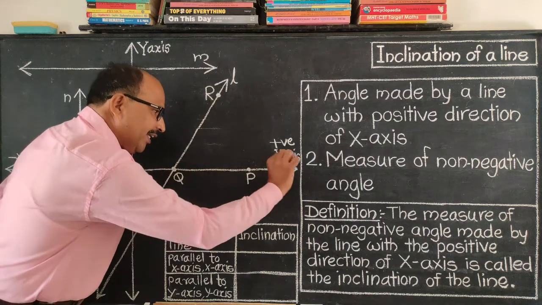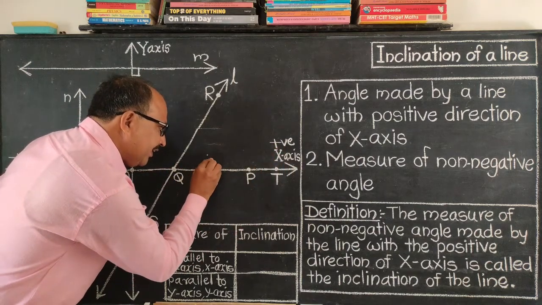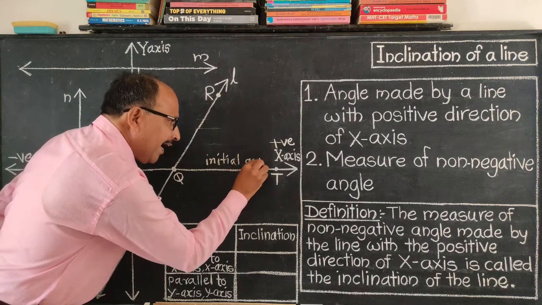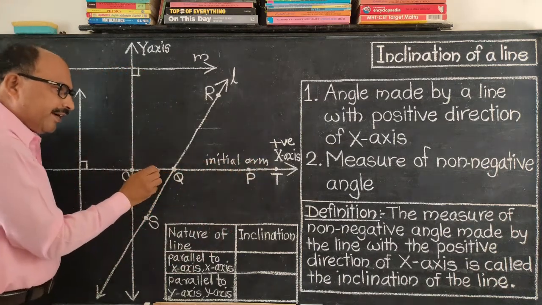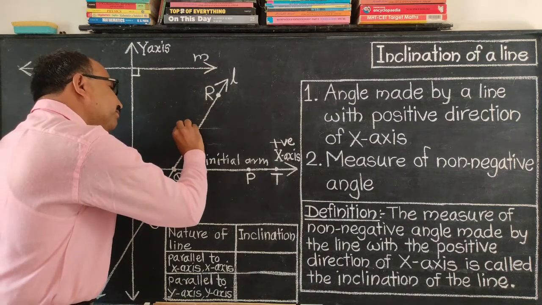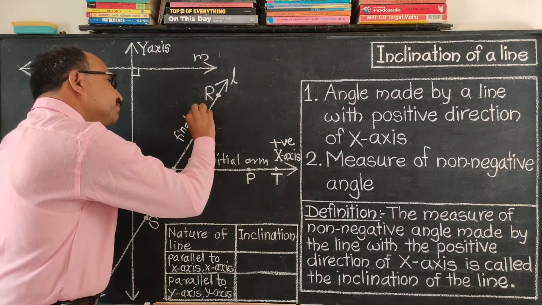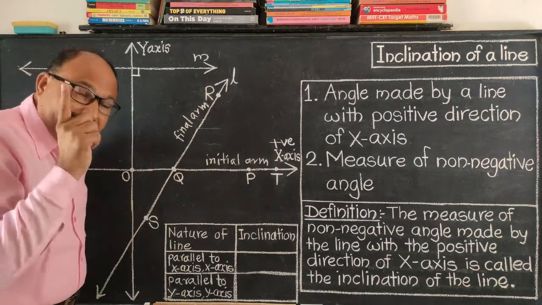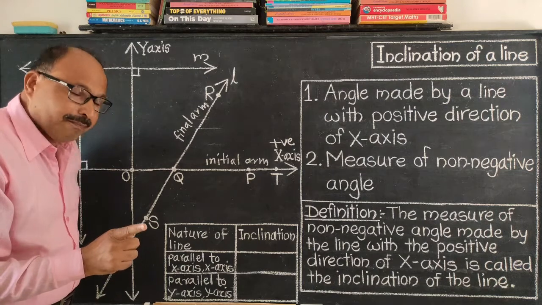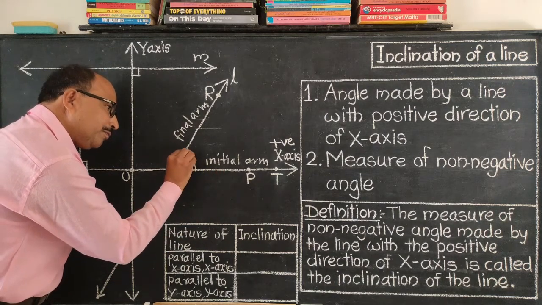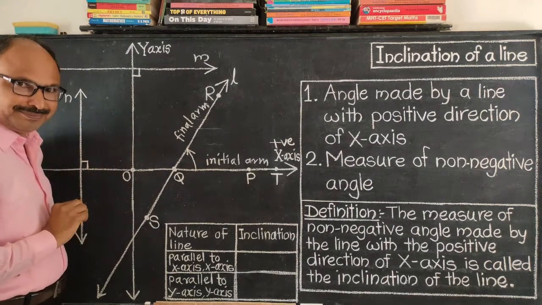So, this ray QP is initial arm. And consider another arm as final arm. Measure directed angle from initial arm to final arm.